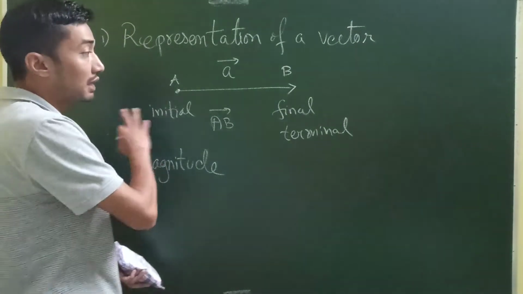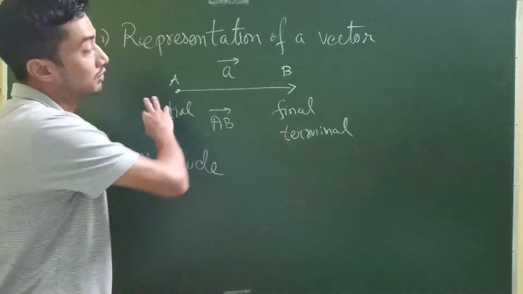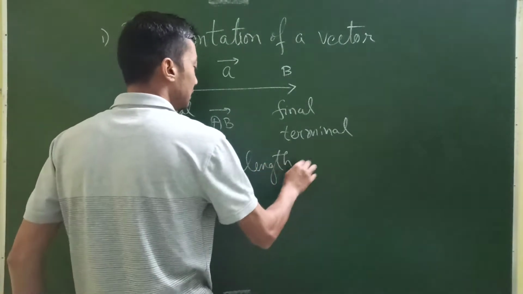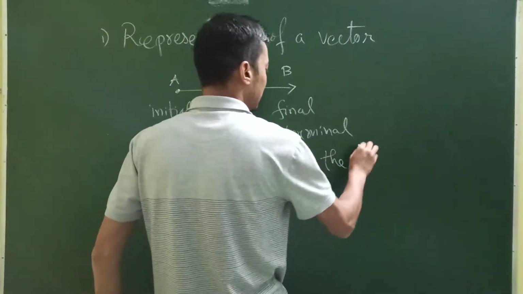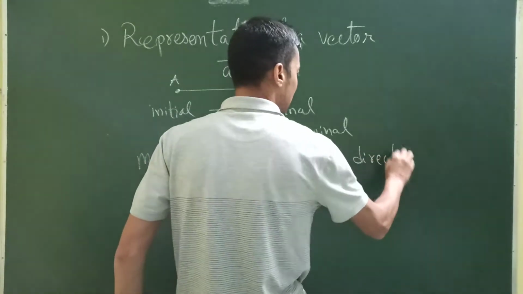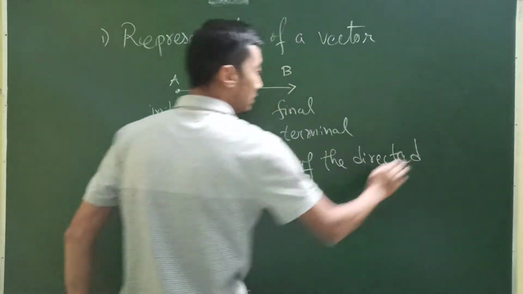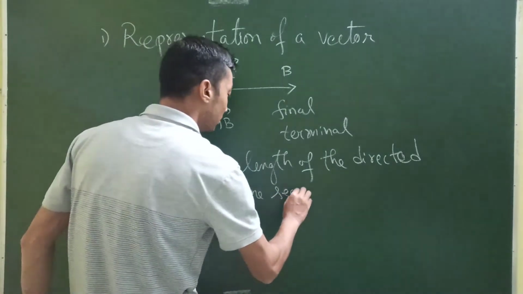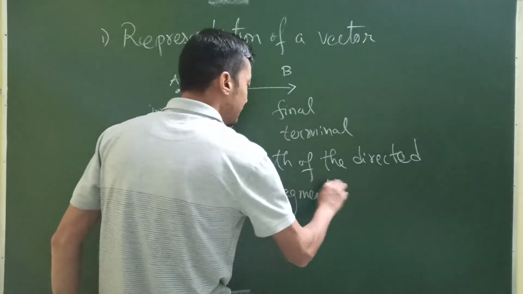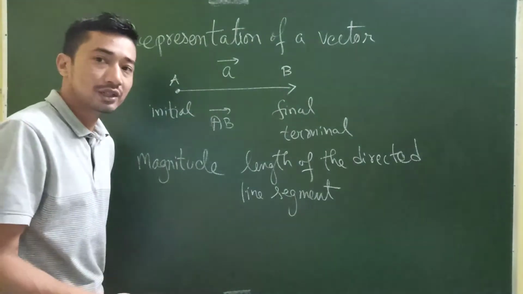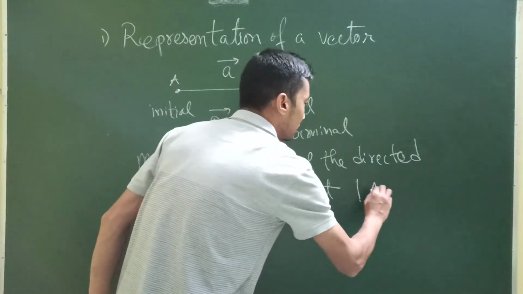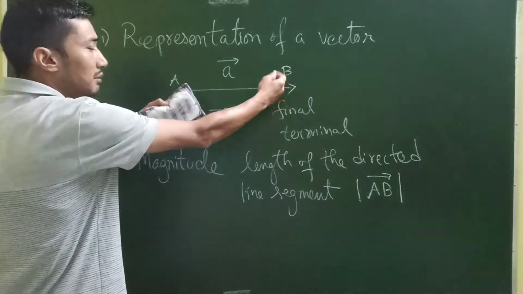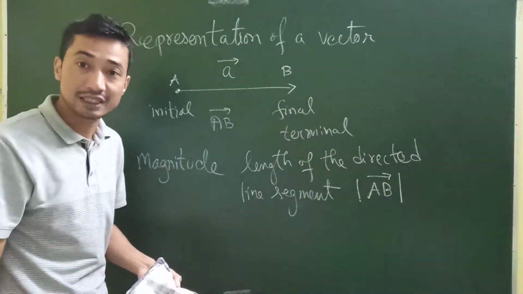Magnitude of a particular vector simply means the length of the directed line segment. And how do we denote that? That will be simply the modulus of vector AB. So if it's 5 centimeter magnitude, it will be just 5 centimeter.